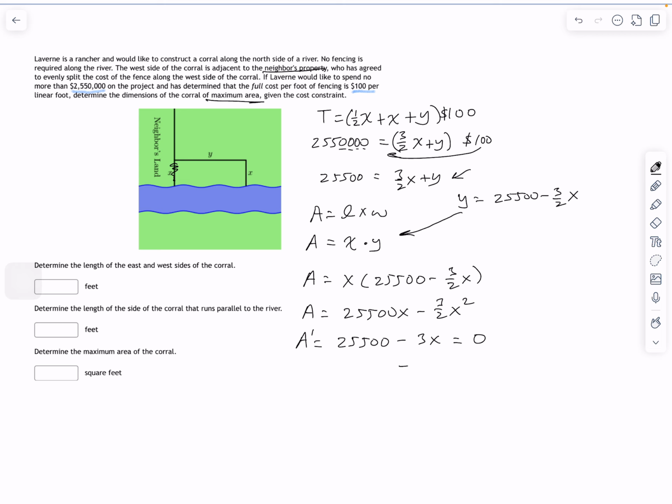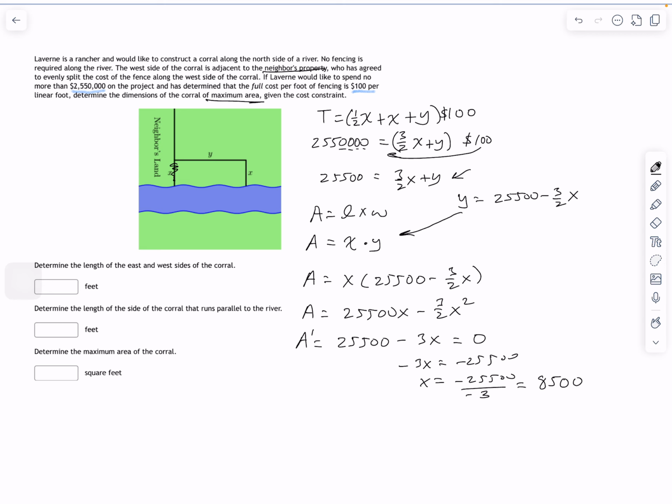And we end up with negative 3x equals negative 25,500. So x equals negative 25,500 divided by negative 3, so that becomes a positive number. X is equal to 8,500. Okay, so that's our x value.